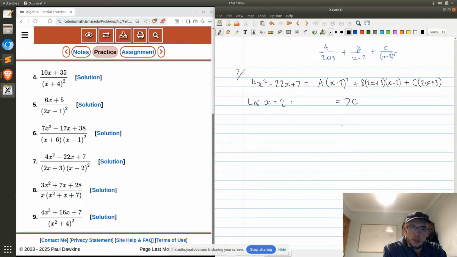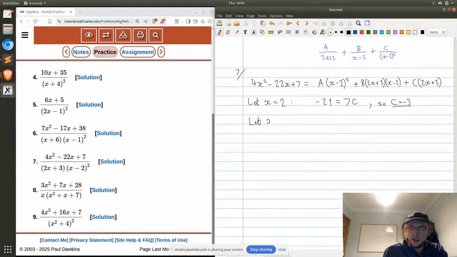And then minus 28 plus 7 is minus 21. So c is equal to negative 3. Oh no.